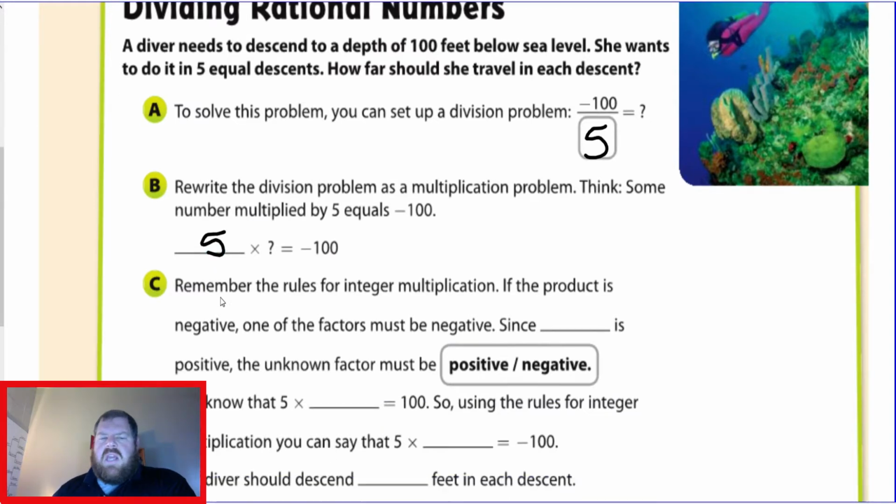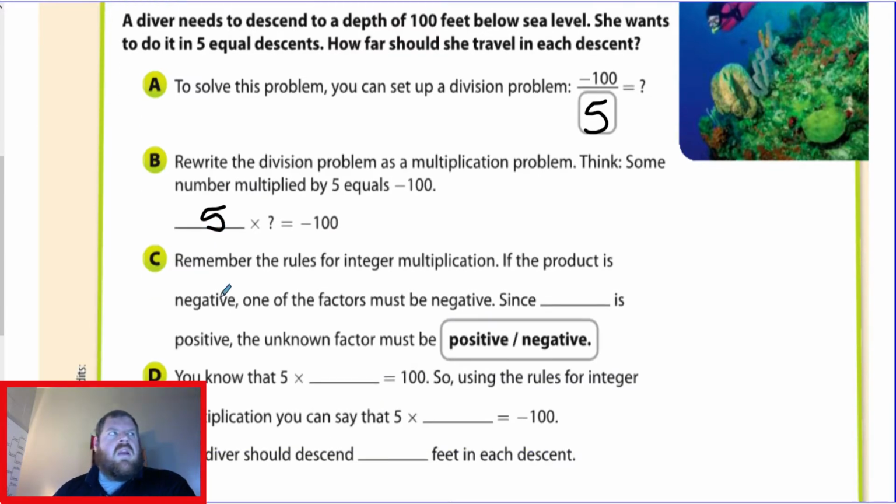For multiplication, we know that in order to get a negative over here, one of my two factors has to be negative. And I know that 5 is positive because she's not taking a negative amount of descents, I guess is the best way to put that.